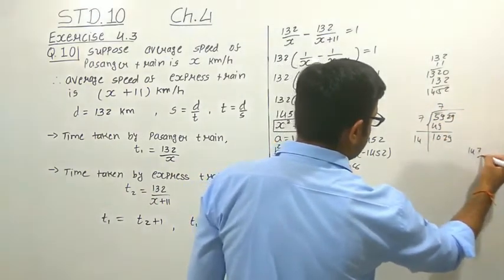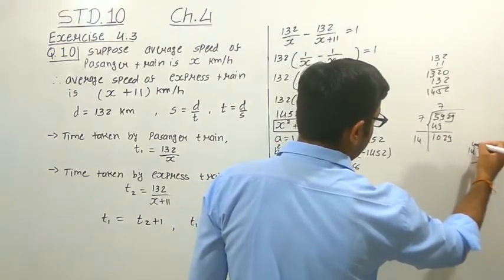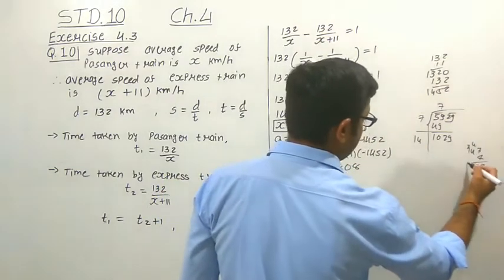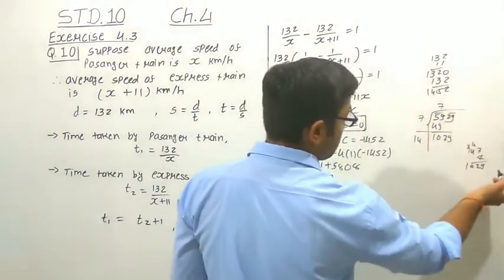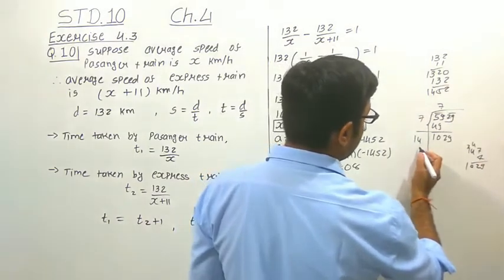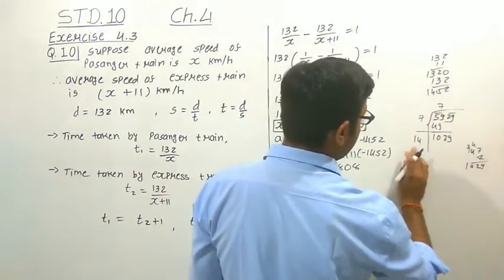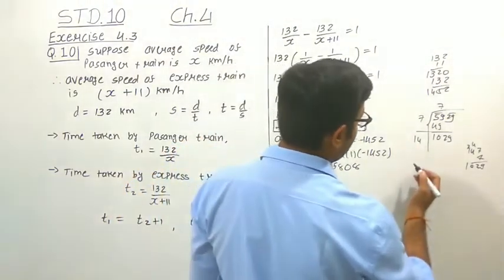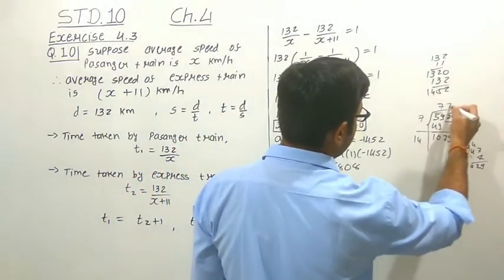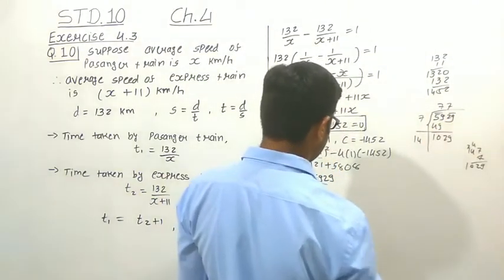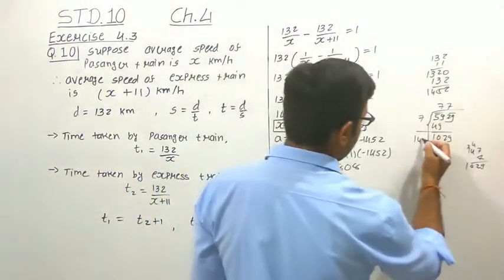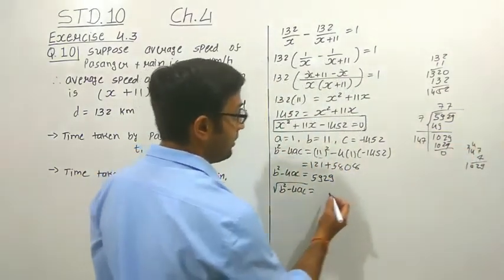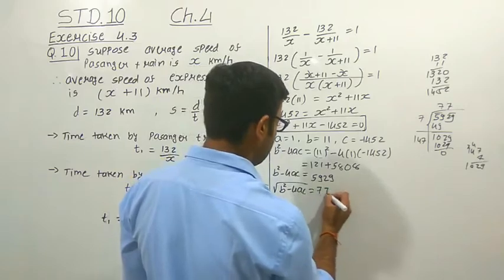So 147, 7 7s are 49, 4 is the carry, 7 4s are 28, plus 2, 32, 3 is the carry, 7 1s are 7, plus 3, 10, 1029. 147 7s are 1029, so the remainder is 0. So here we get 77. This is the square root, 77.